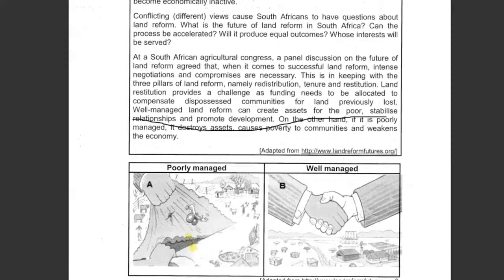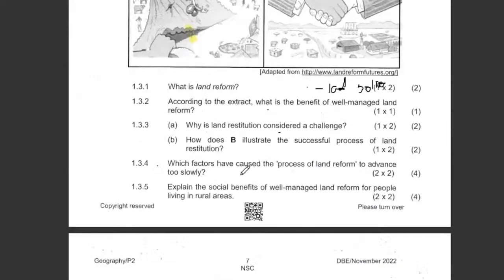But when you check, you'll find out the factor that has caused it to be advancing slowly is the fact that there are conflicting views about the land reforms. So it is very slow because, number one, there are still conflicting views about the land reforms. People are not sure if really it will benefit them or not. So such a factor has caused it to be too slow because of conflicts.